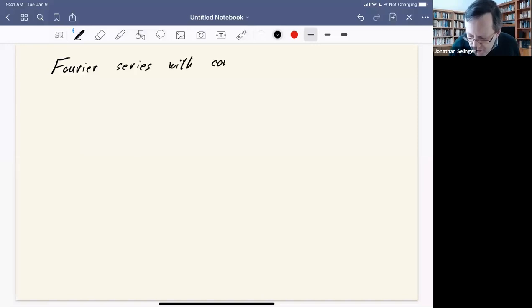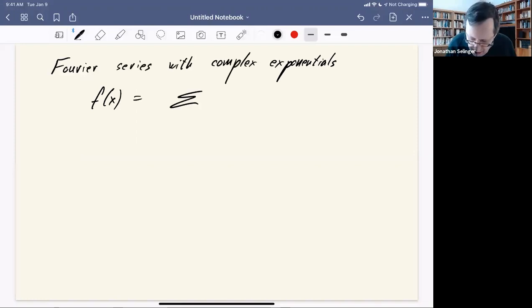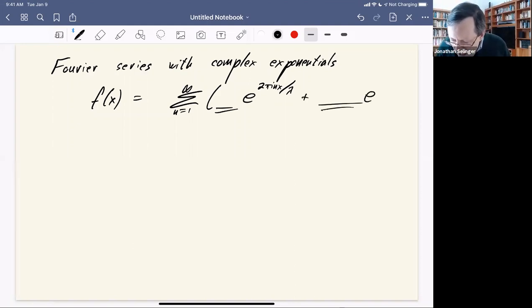That would be f of x is a sum over n equals 1 to infinity of something times e to the 2 pi i n x over lambda, plus something times e to the minus 2 pi i n x over lambda.